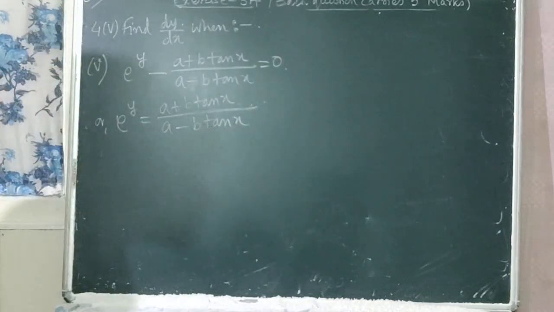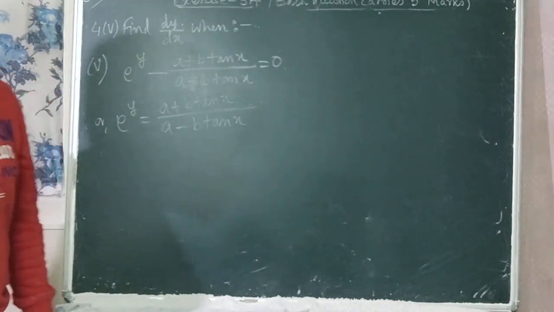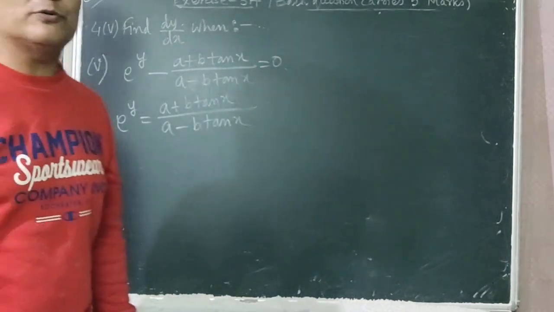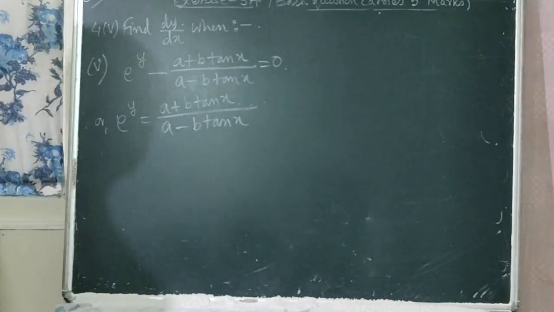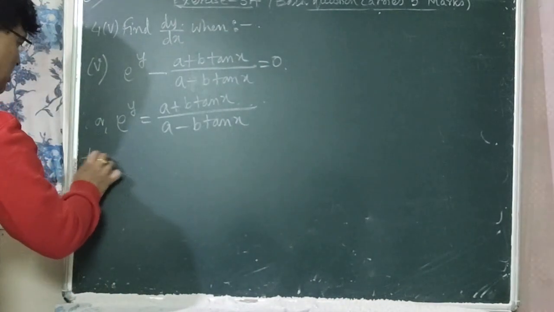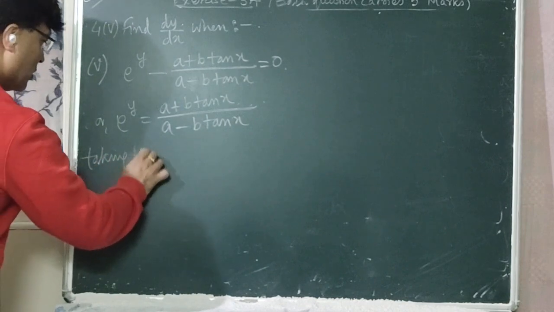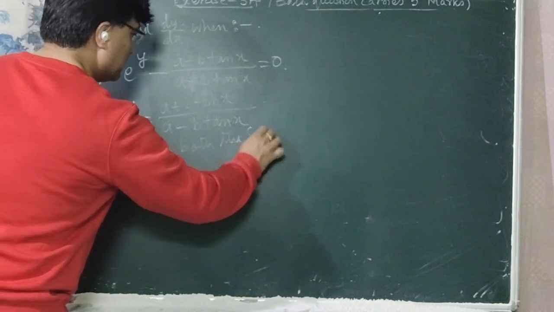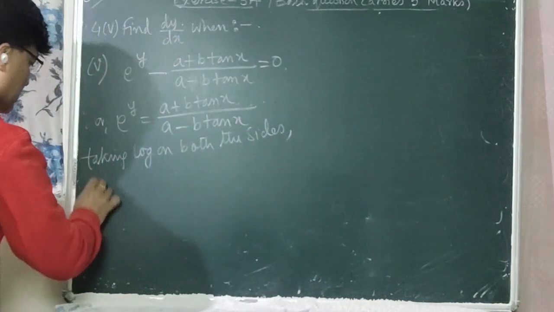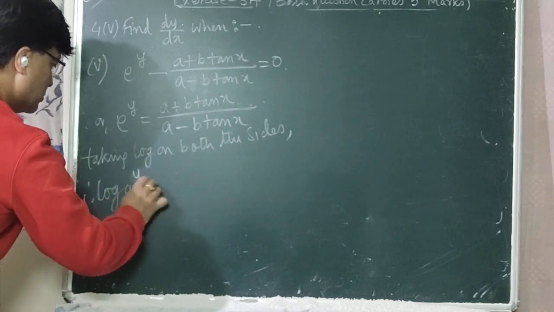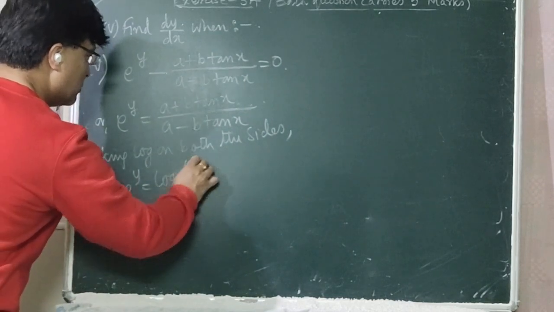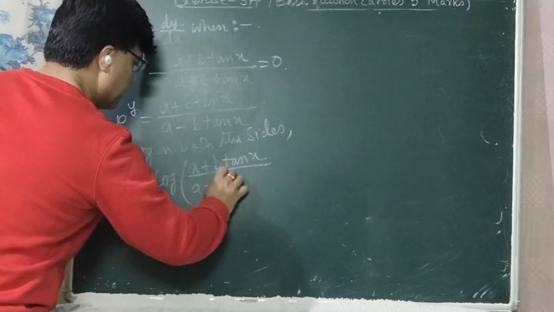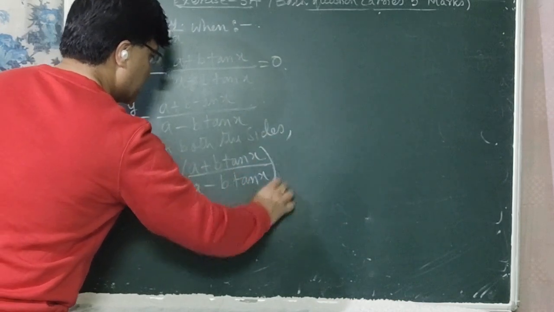Now let us take log on both the sides, because if you take log on both the sides, it will be easier for you to find out the value for dy by dx. Therefore, log e to the power y is equal to log of (a plus b tan x) divided by (a minus b tan x).